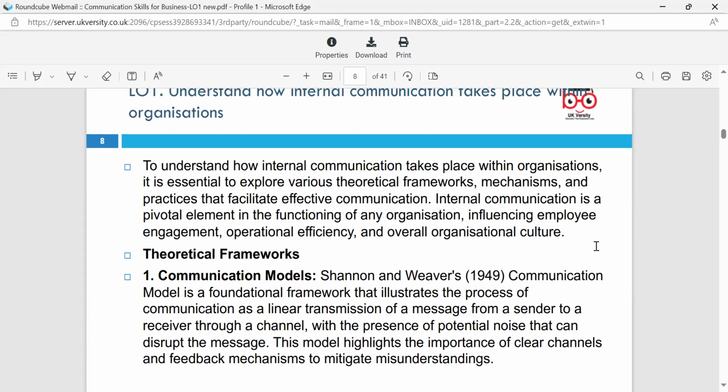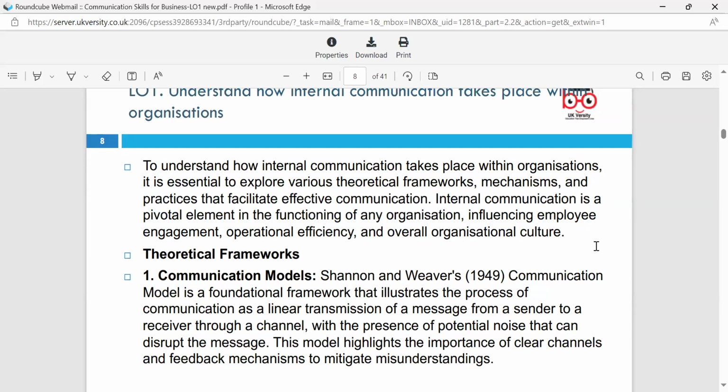in 1949. It was conceived by an American mathematician, Claude Shannon, and Warren Weaver. The model was developed to represent the basic elements of communication and how messages can become lost or distorted.